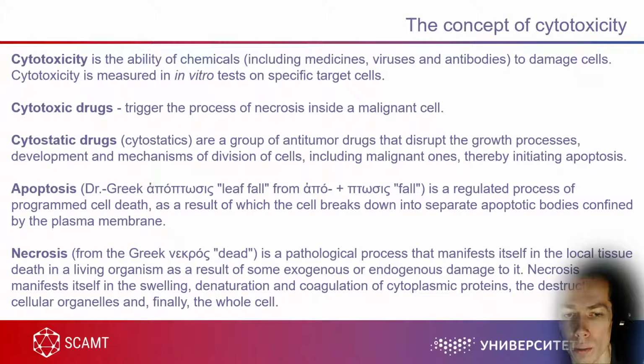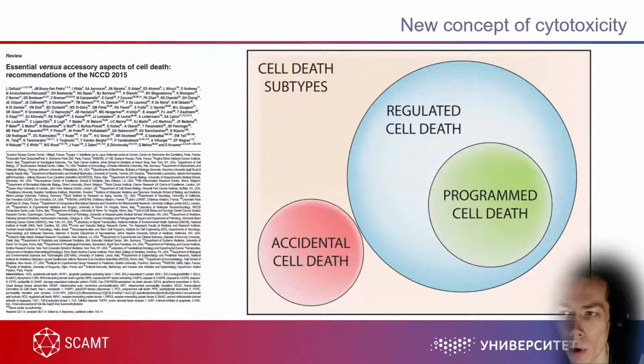And when we are talking about necrosis, it's definitely enlargement of a cell, so the cell will swell and increase in size, like exploding, and a lot of cell organelles will be released into the surroundings, and this causes inflammation.